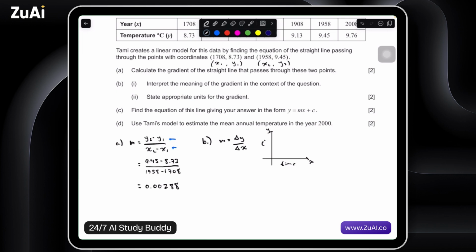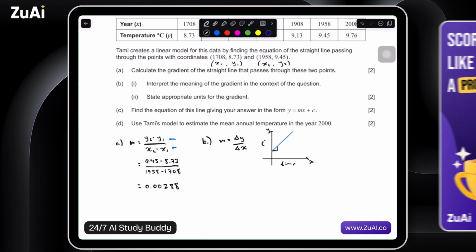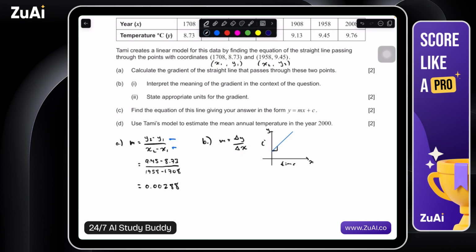So if slope itself is just the rate of change, that is to say for one change in, let's say, 1 year, unit time, what is our increase in the y dimension? So if we're talking about change in y over change in x, our y-axis is temperature, and our x-axis is time.